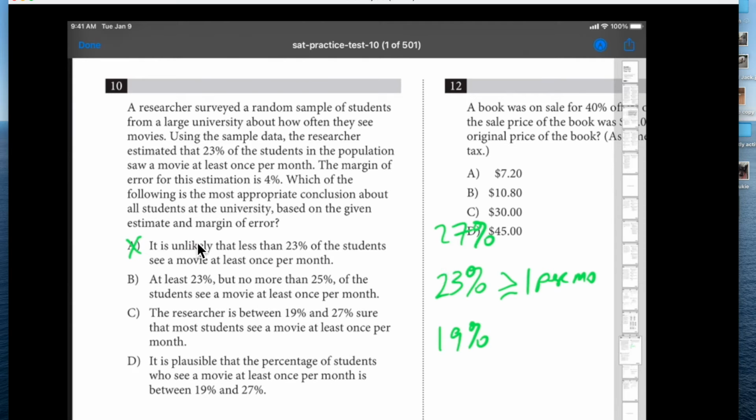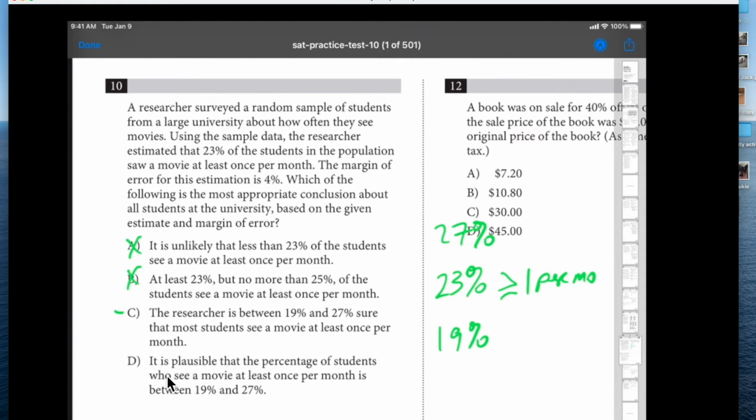No, the range goes up to 27%. The researcher is between 19 and 27% sure that most students see a movie. Assuredness has to do with confidence. So I'm going to put a tick mark. I don't like that one, but I'm not completely ruling it out.